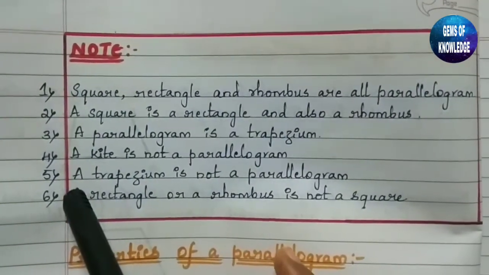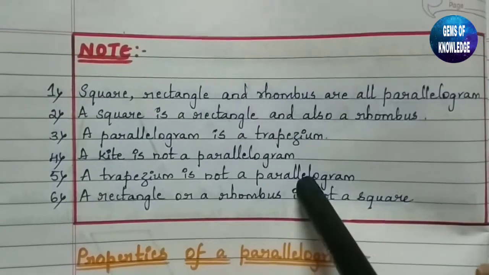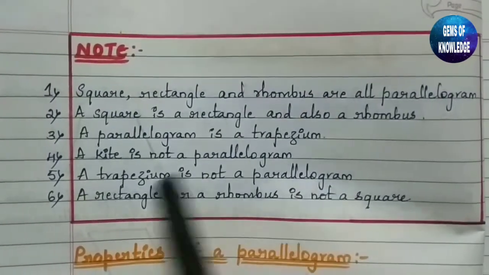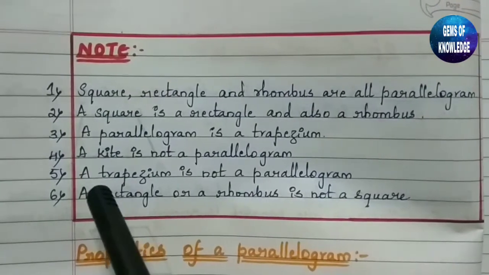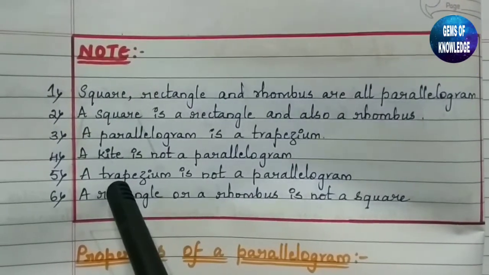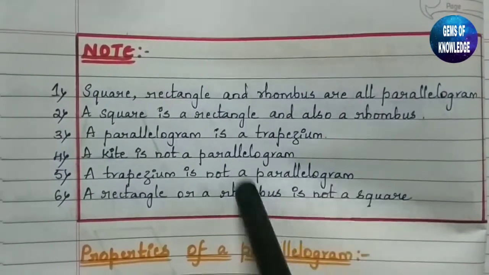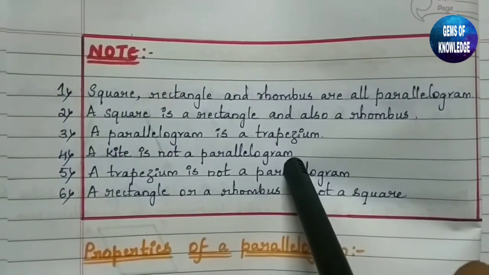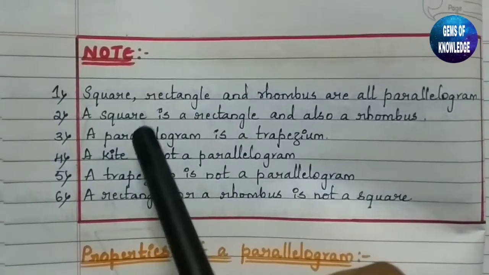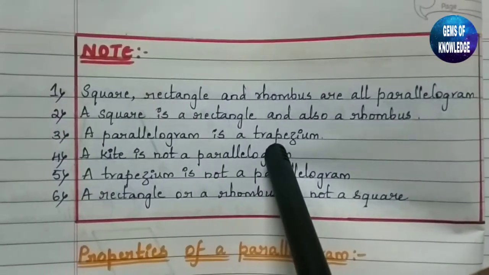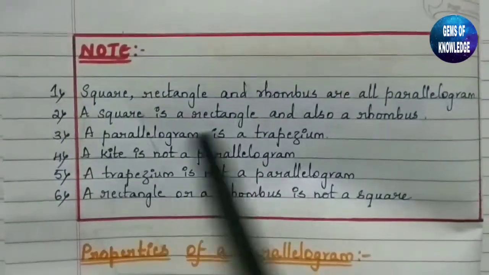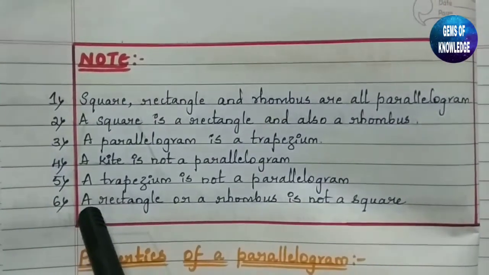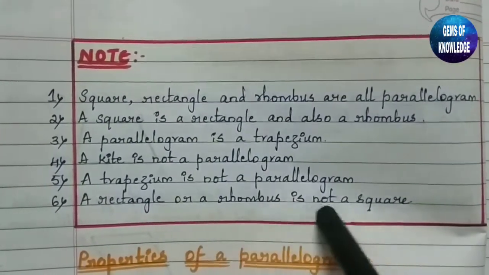Next one, a trapezium is not a parallelogram. A trapezium is not a parallelogram because in trapezium only one pair of opposite sides will be equal. But for a parallelogram we need both the pairs of opposite sides to be equal. Okay, so a parallelogram is a trapezium, but a trapezium is not a parallelogram. Okay, then a rectangle or a rhombus is not a square.